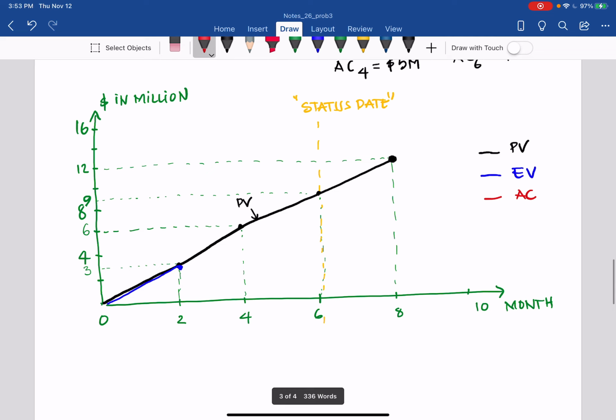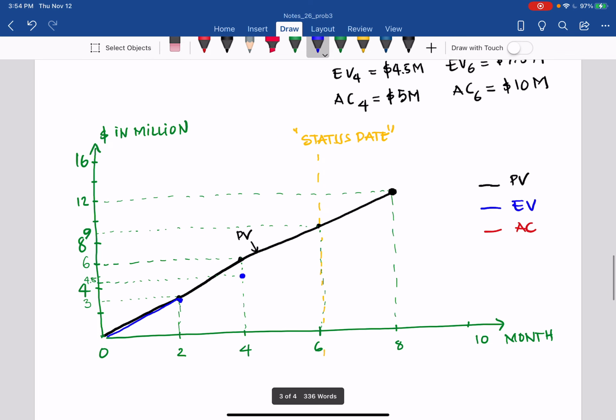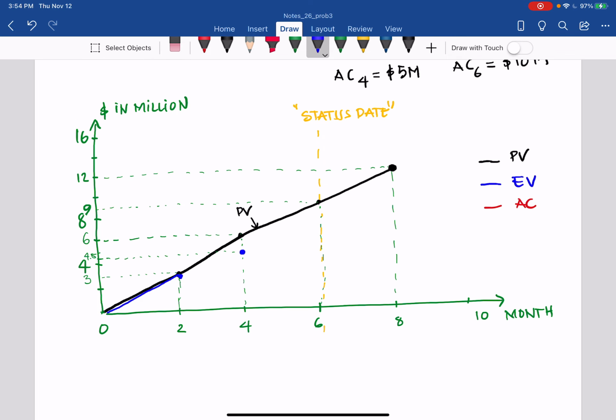The EV values are 4.5, then 6, 7.5. So you have the blue one for earned value, with points at 4.5, 6, and 7.5.